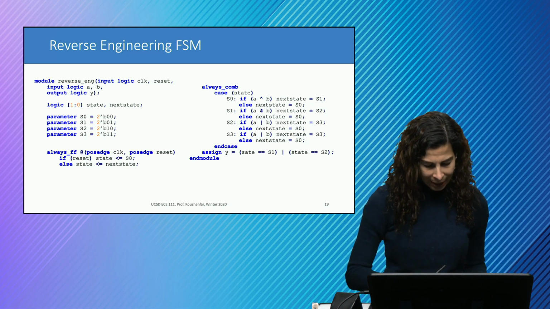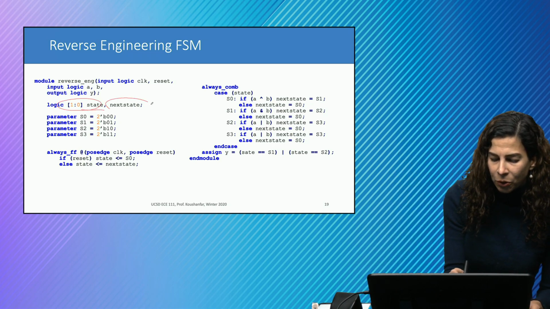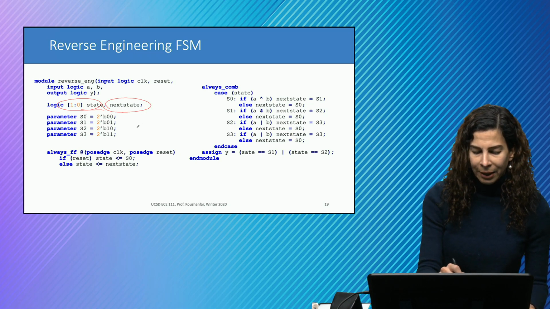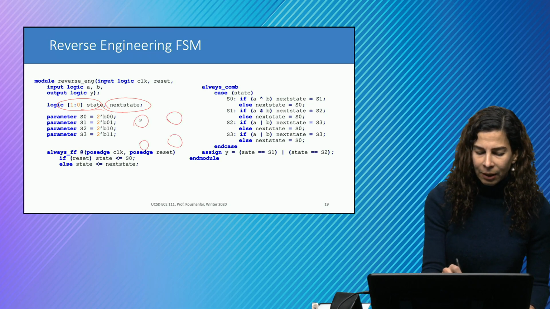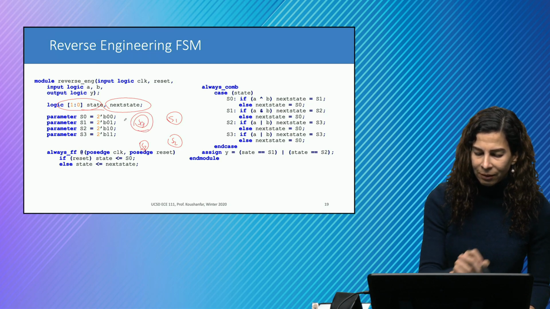So here, again, we have a state and next state variables that are 2 bits, and we have 4 states. If we were to make the finite state machine, then we have these 4 states: S0, S1, S2, and S3. And the reset state here is the state S0.